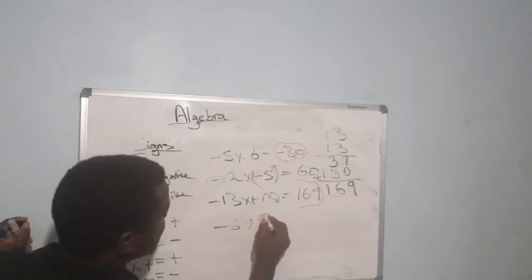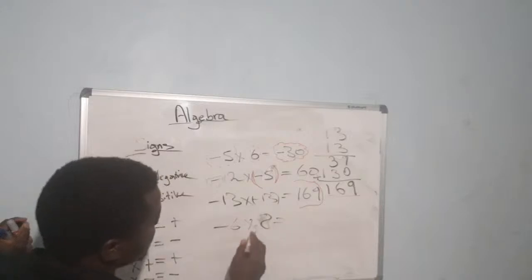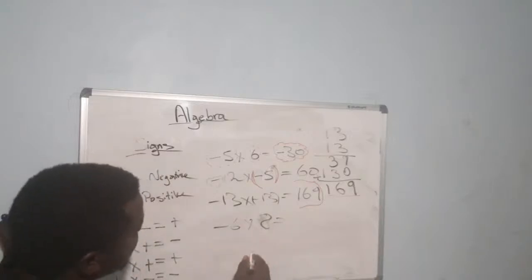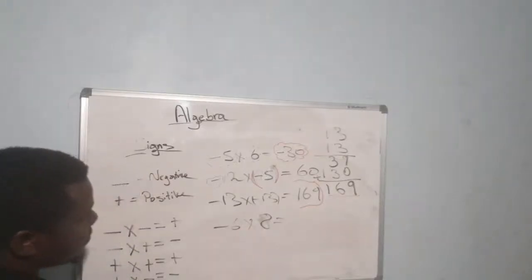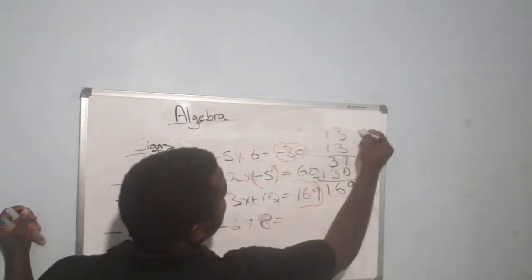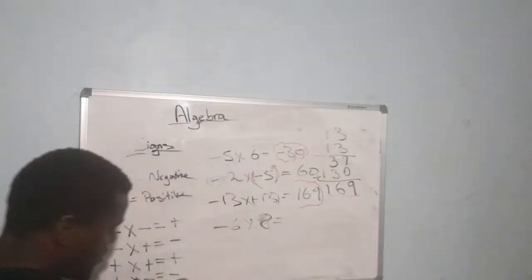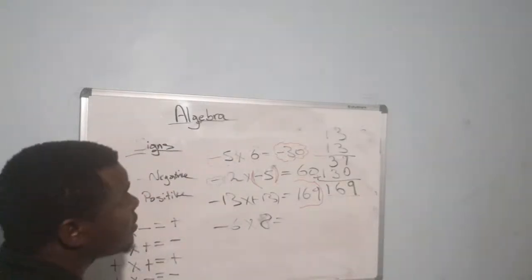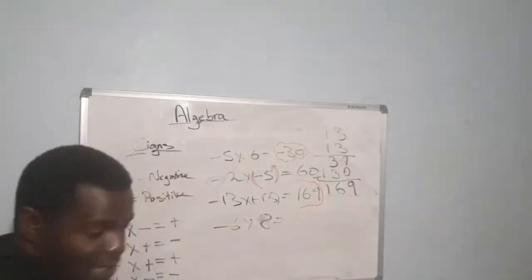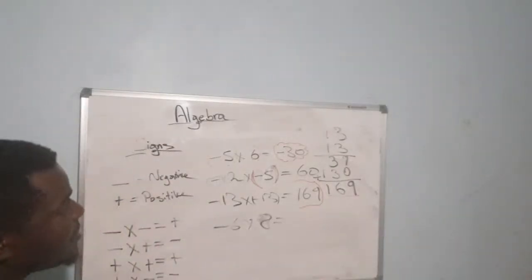Negative 6 times 8. 6 times 8 is 48, alright? I need to use another method. Remember what I said last week about our timetables?